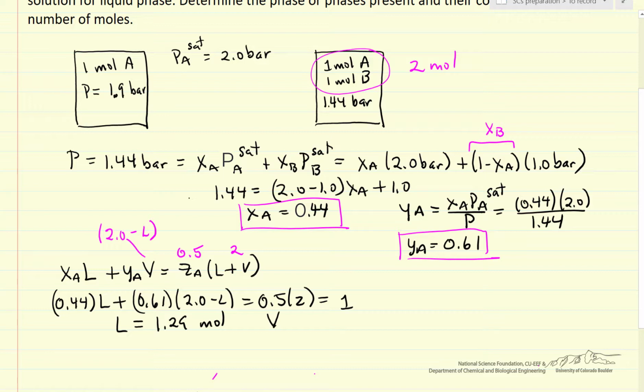So that means V is equal to 0.71 moles since we have a total of 2 moles in our system. So here's L, here's V. That's the last part that we had to calculate in this example.